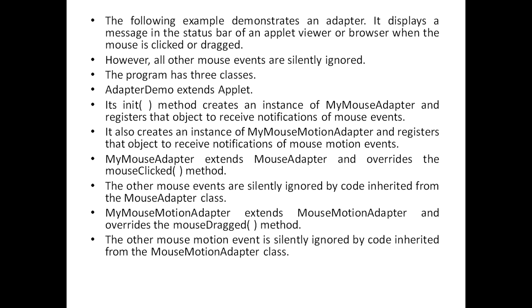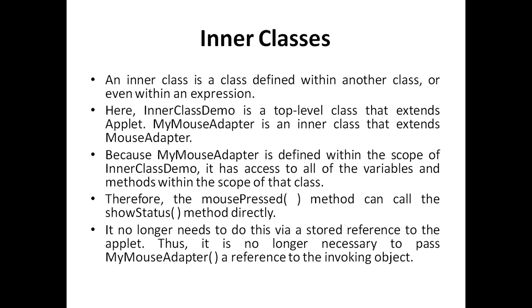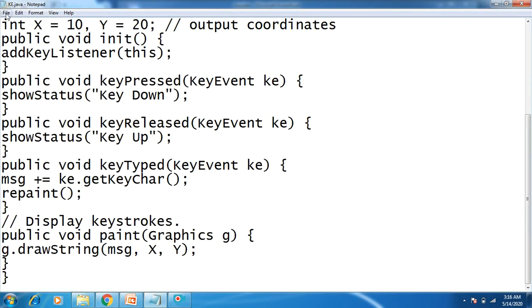Other mouse events are silently ignored by the code inherited from the MouseAdapter class. MyMouseMotionAdapter extends MouseMotionAdapter and overrides the mouseDragged method. Remember, MouseListener consists of several methods, out of which we are overriding only one, that is mouseClicked. And MouseMotionListener consists of two methods, mouseDragged and mouseMoved, out of which we are overriding only mouseDragged. So the other events are going to be ignored. So here we'll see an example of the adapter class.